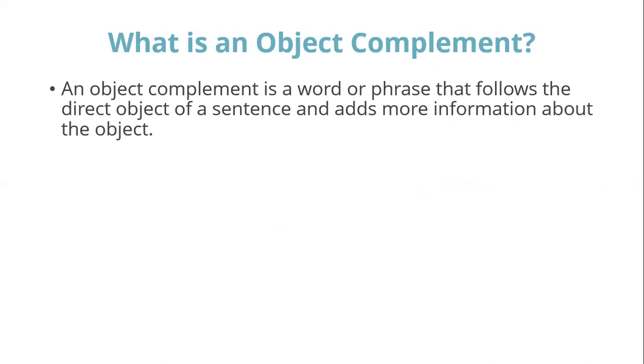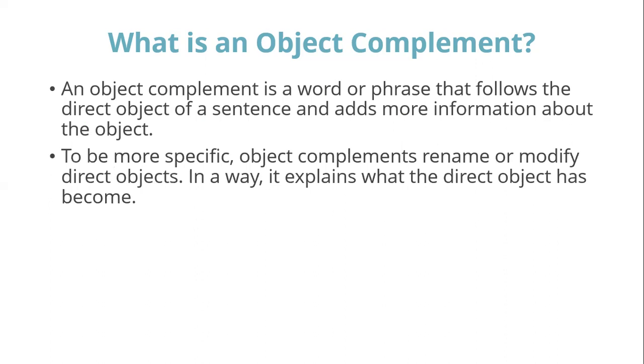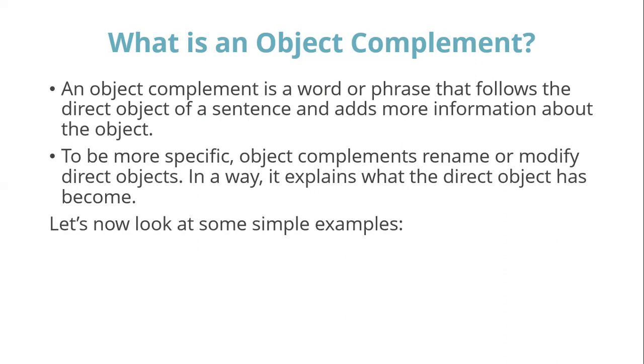And when we talk about an object complement, it follows the direct object. So it means you need a direct object in the sentence, and it adds more information about the object. To be more specific, object complements rename or modify direct objects in a way that explains what the direct object has become. Let's now look at some simple examples.